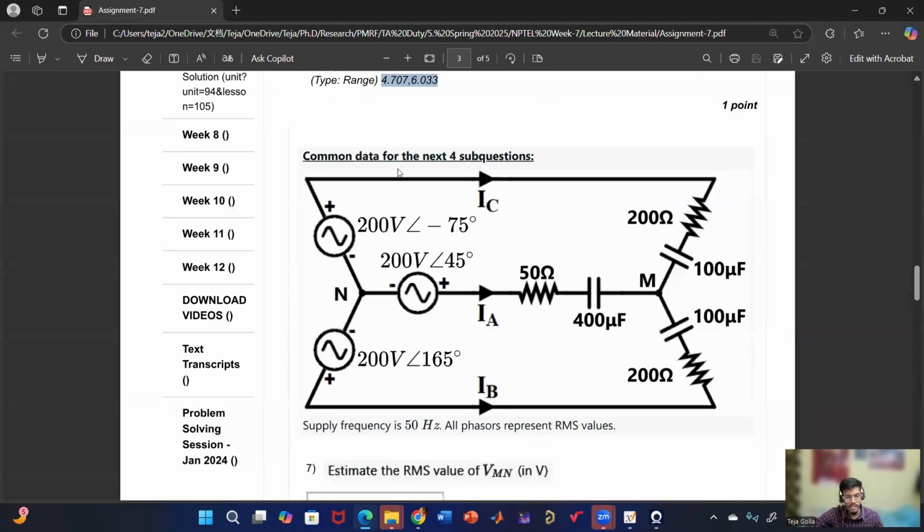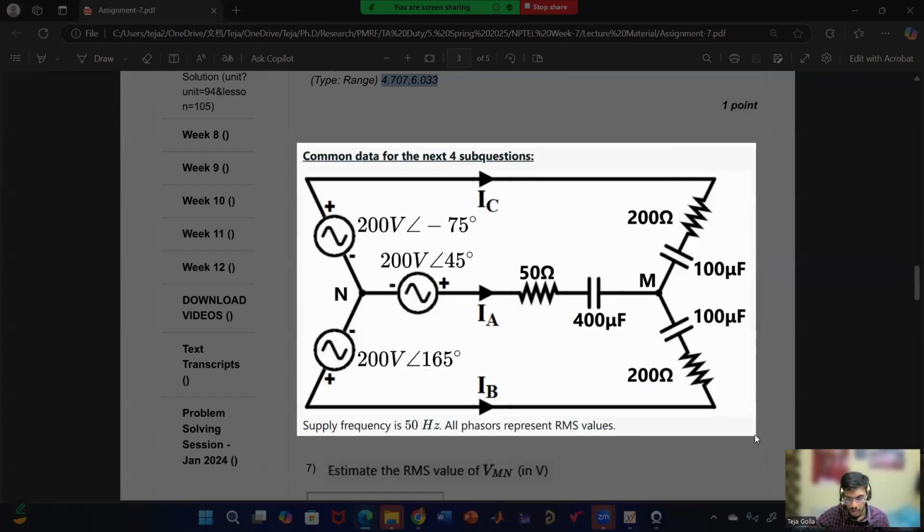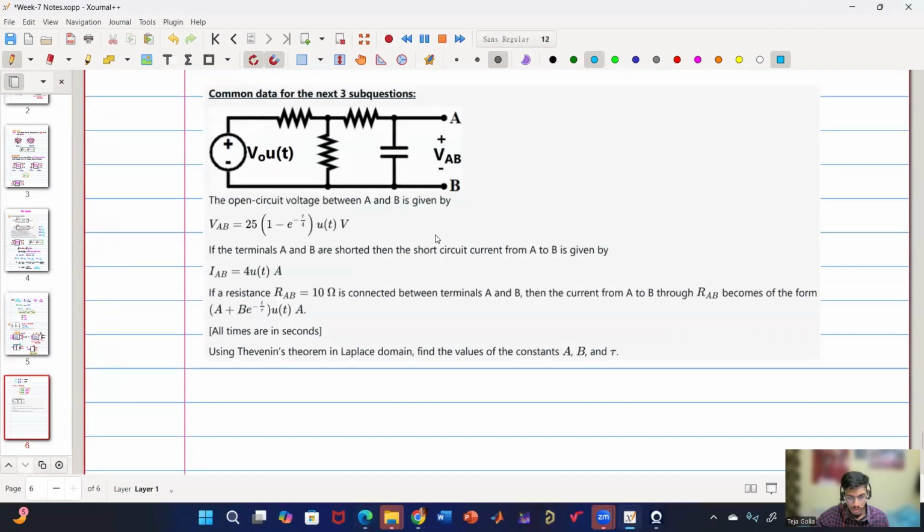So they are saying this is the circuit and they are asking what is the value of Vm with respect to N, what is Ia, what is Ib, what is Ic. So now what you have to do, or the best way to do, is I'll put it in my answer copy so that as it will be uploaded, you will have access to this. Okay.